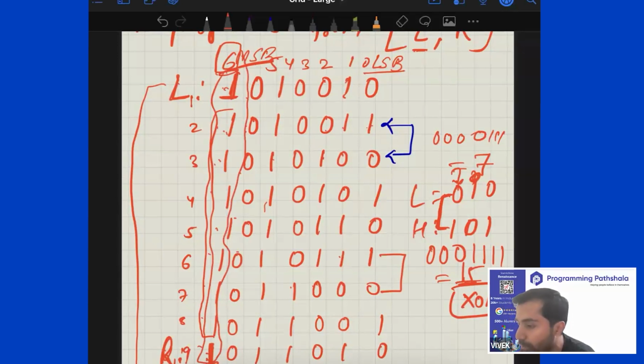So if you take the XOR of any two numbers, it would never ever happen that this bit, what bit is this? Sixth bit, right? 0, 1, 2, 3, 4, 5, 6. It would never ever happen that the sixth bit is 1. Why? Because all these numbers have the sixth bit as 1. So 1 XOR 1 will never give you 1 over here.